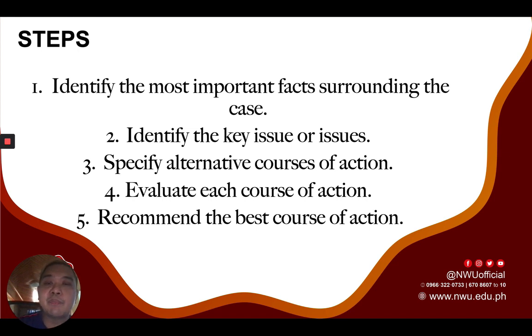For step number 3, specify your alternative courses of action. List the courses of action or options that the company can take to solve its problem or meet the challenges it faces. For information system related problems, do these alternatives require a new information system or modification of the existing system?